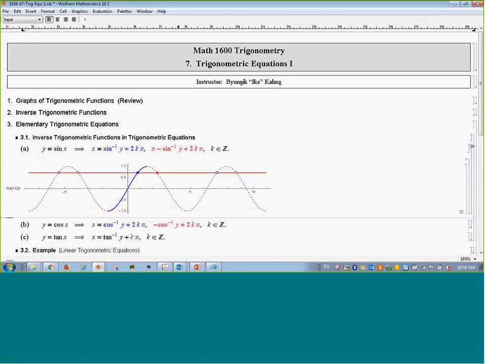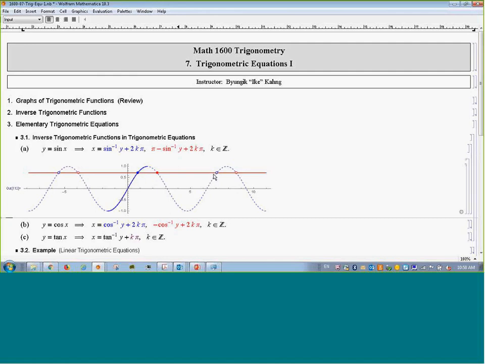For example, this is a trigonometry class, and I'm explaining to the students the solution of the sine equation. We get one solution from arcsine, and then there's the other one, which students frequently miss, by the way. And this kind of visualization really helps students not miss the second solution.